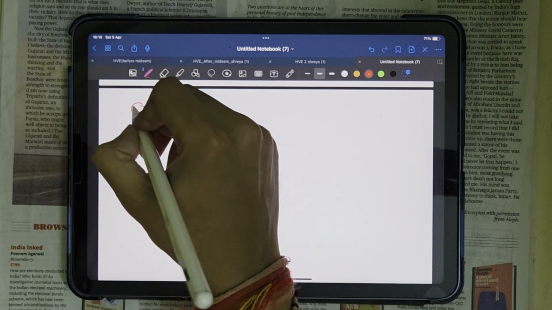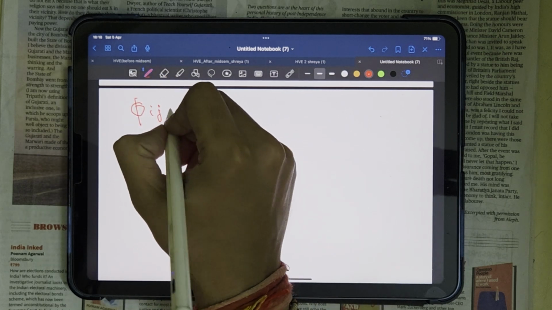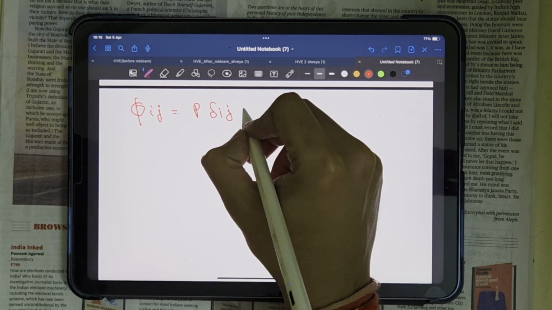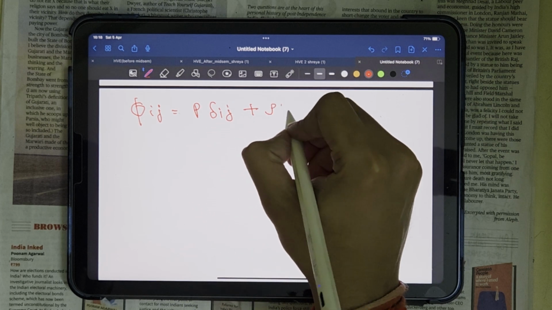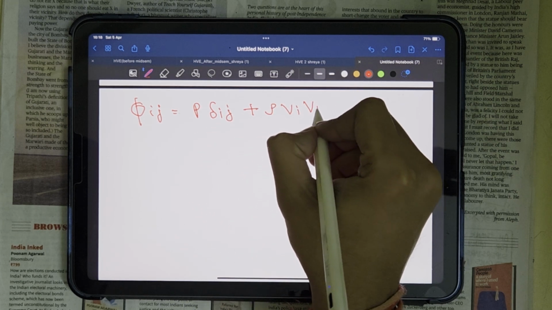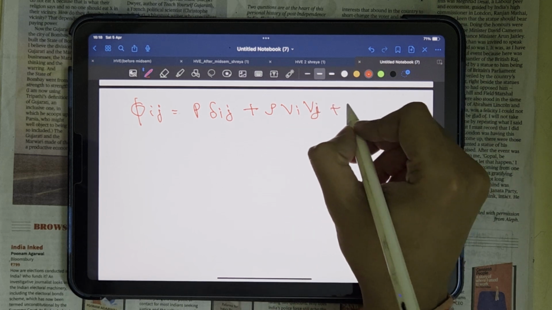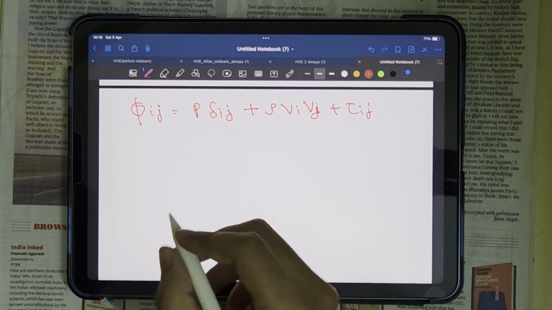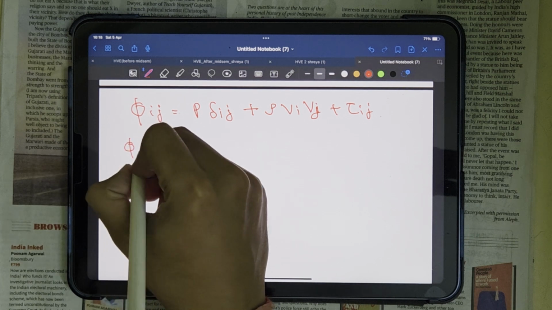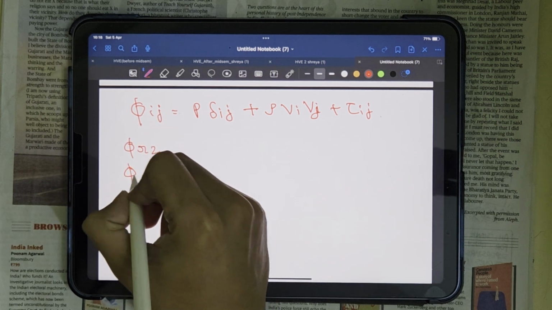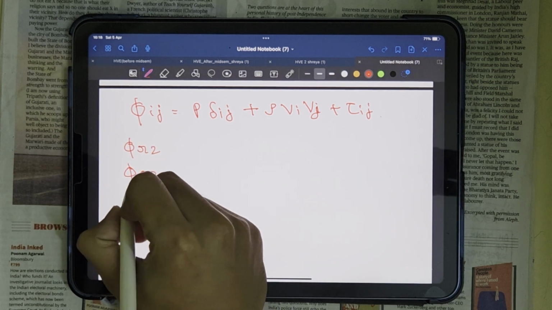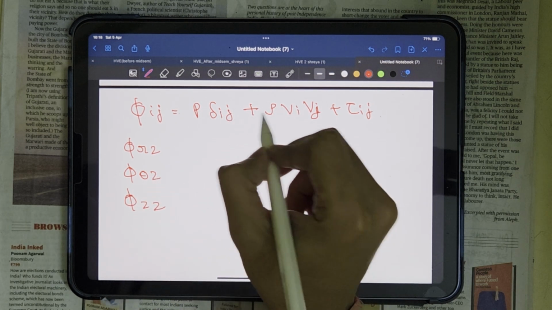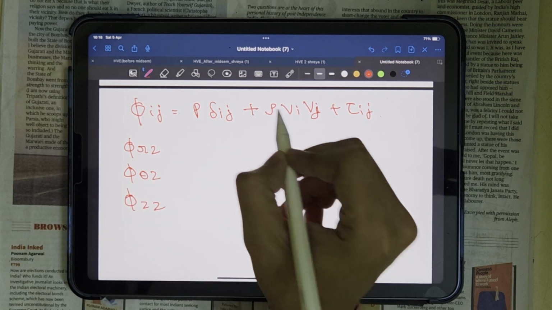So we write flux as this. This is the basic definition for flux. So we have flux phi rz, phi theta z, and phi zz. Delta ij, when i and j are not equal, that becomes 0.